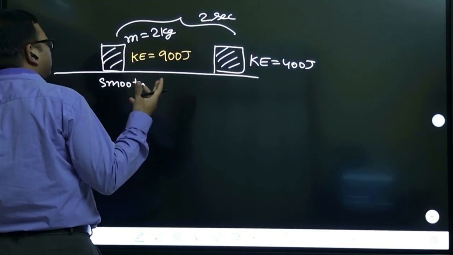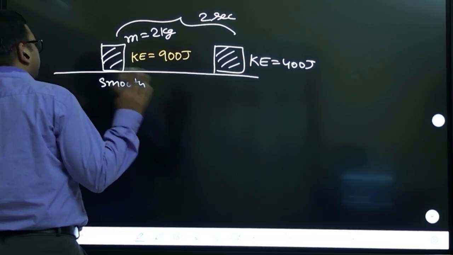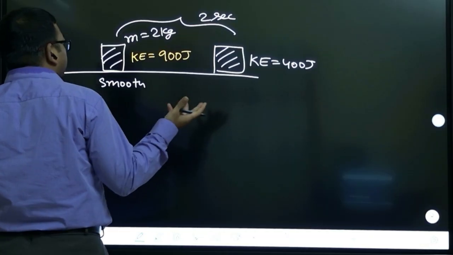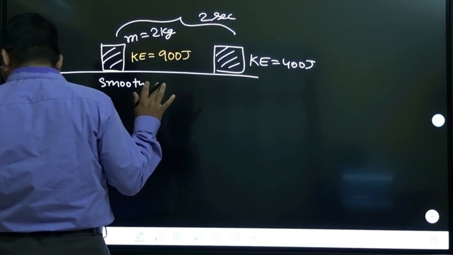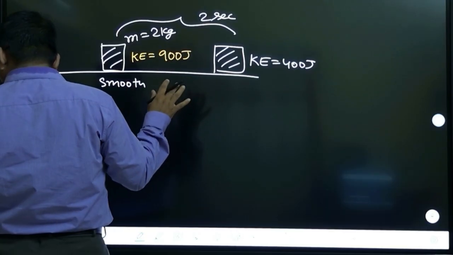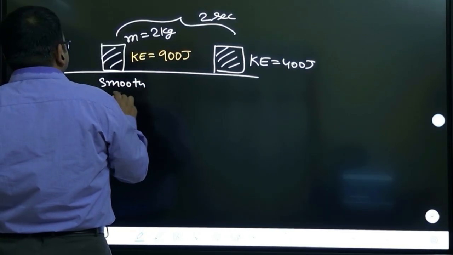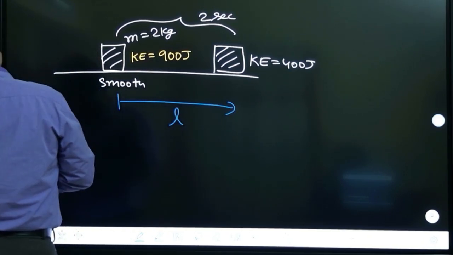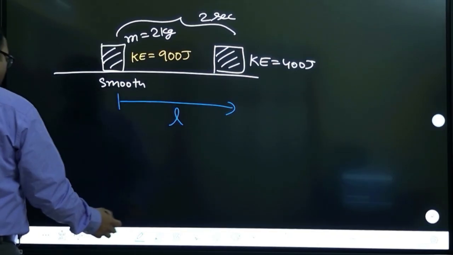Some forces are acting, or not acting. But its kinetic energy is decreasing due to some reason, and during this time it covers a distance of L. L is the distance covered. Now you have to think about it.